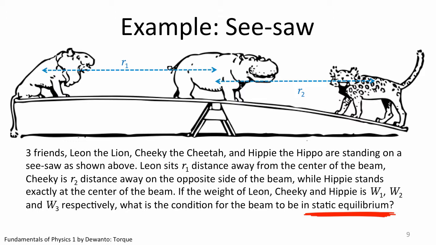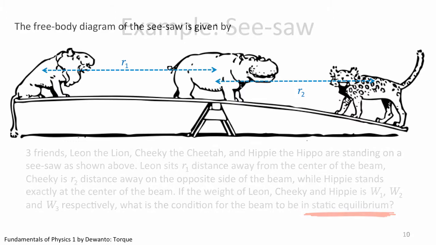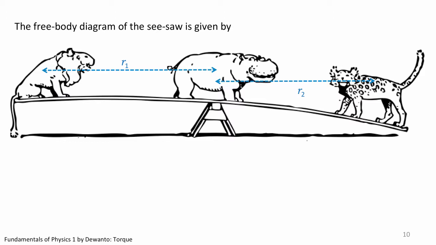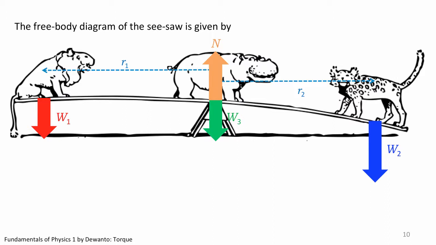Well, we start by drawing the free body diagram of the beam. The most obvious forces acting on the beam are the weights of Leon, Chicky, and Hippie. The next force to be drawn is the normal force that the stand exerts on the beam at the center. So that's it. Those are the forces concerned.